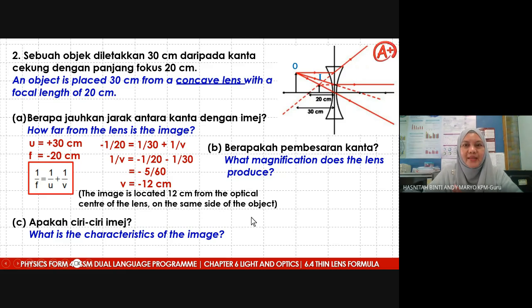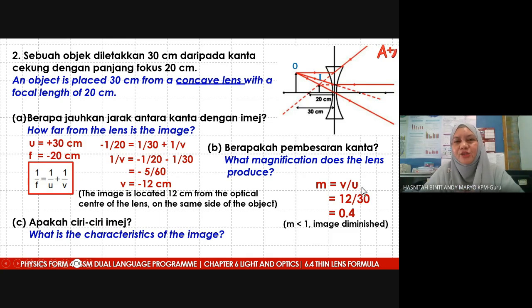So second question, again: what magnification does the lens produce? Magnification, M equals V over U. Since we are finding a ratio, we ignore the negative sign for magnification, because the positive or negative sign does not have any effect in a division.